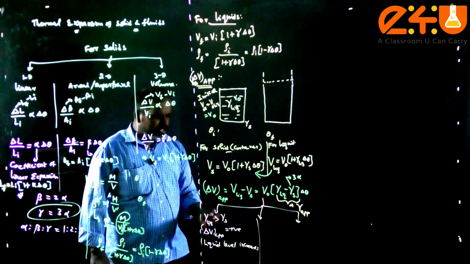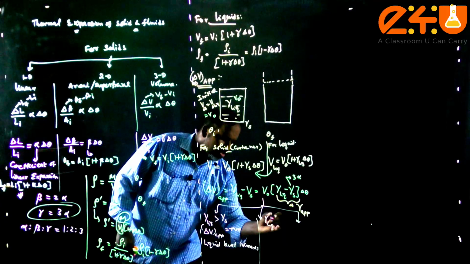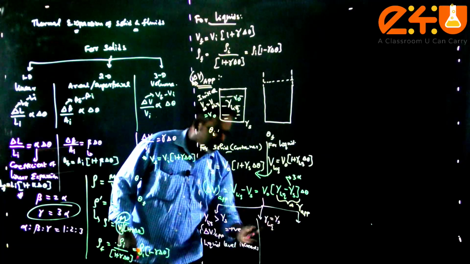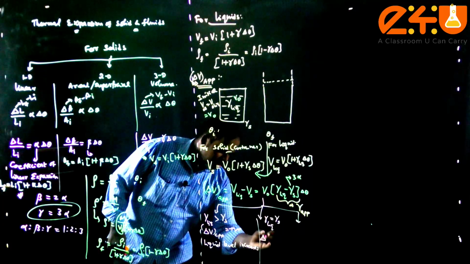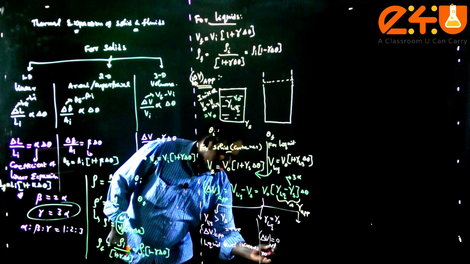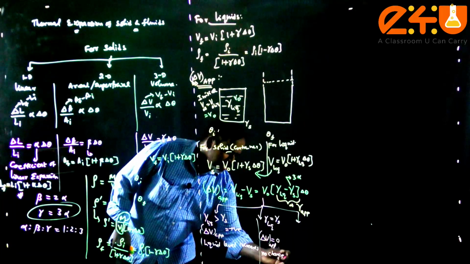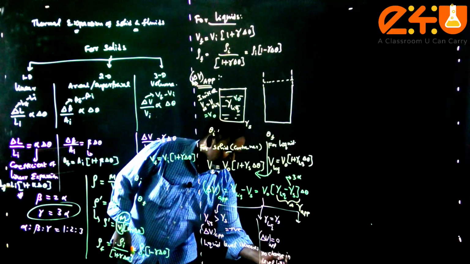But suppose both have the same value, gamma liquid equal to gamma solid. In this case delta V becomes 0, so there is no change in the level of the liquid.